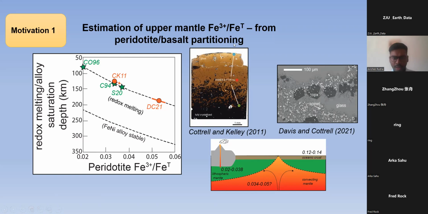By doing so, directly from measuring basaltic ferric iron as well as ferric iron in experimental glasses, Cottrell and Kelley 2011 and Davis and Cottrell 2021 have provided two different values for the ferric iron of the upper mantle, between 0.034 and about 0.055. Notice that none of the values are converging to one another. They are getting more and more diverging as time progresses. So there's still quite a debate about the ferric iron content of the upper mantle, and it varies from about 0.02 to 0.055 at the moment.